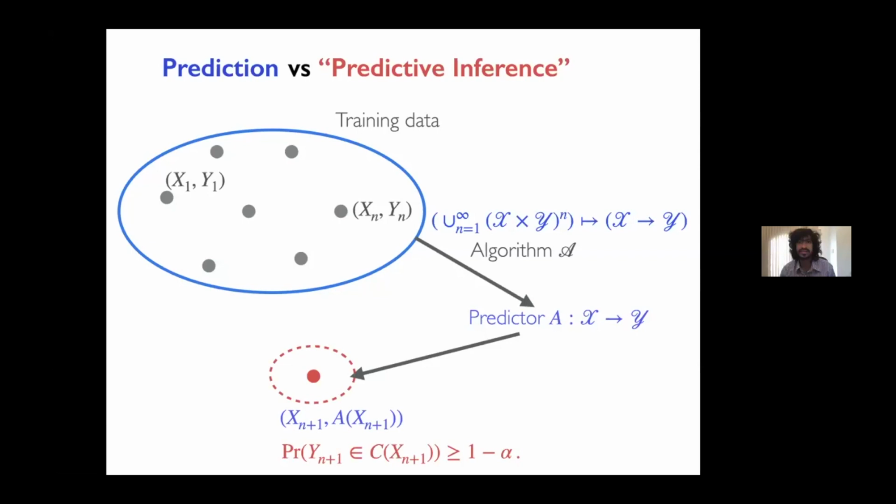If y is real valued, then C of xn plus 1 could be an interval. But in general, C of xn plus 1 could be any set that contains yn plus 1 with high probability. So this is how we're going to try to capture the uncertainty of our predictions, moving beyond the point to say, okay, this is how uncertain we are about our prediction.